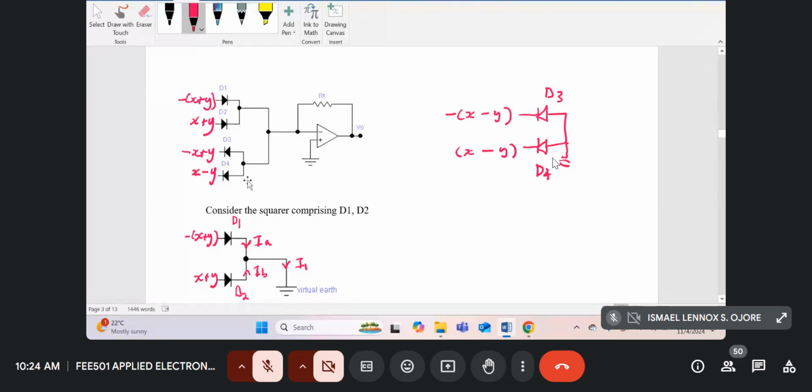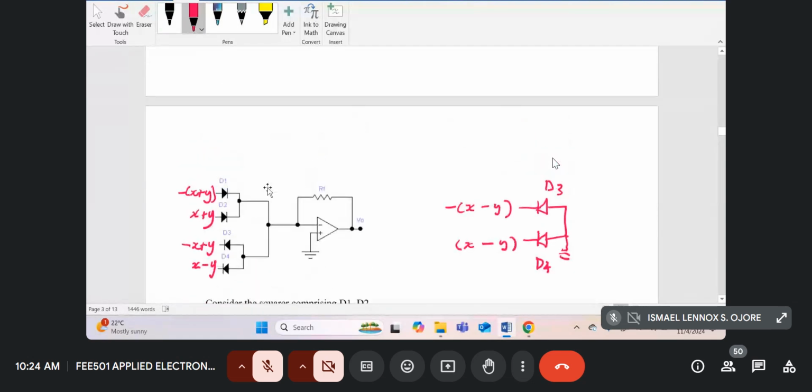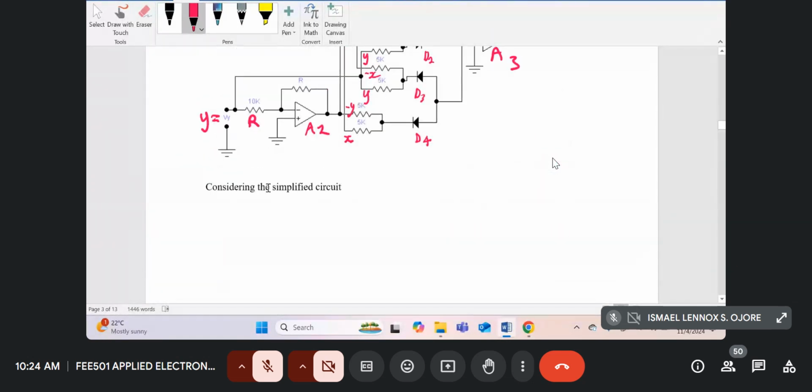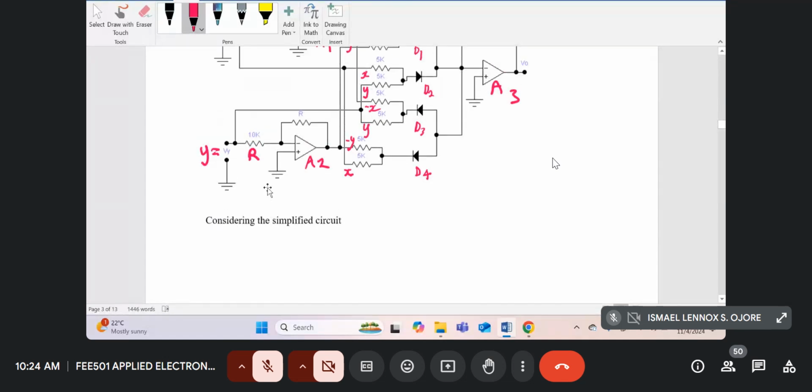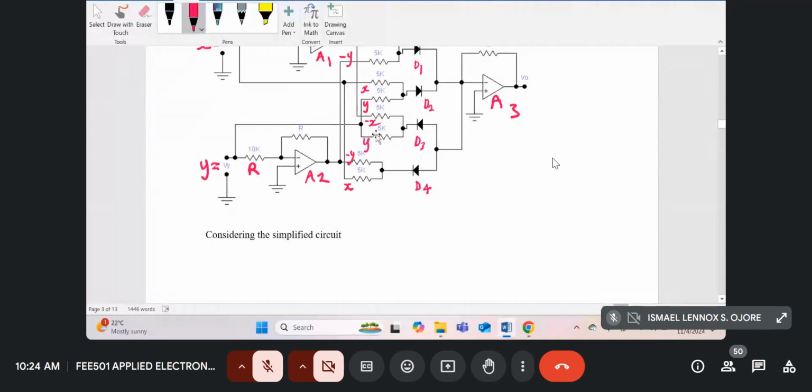And the signal to D3, if we just look at the circuit again, here is our D3. So the top signal is minus x. The bottom signal is y. So it's minus x plus y for D3.